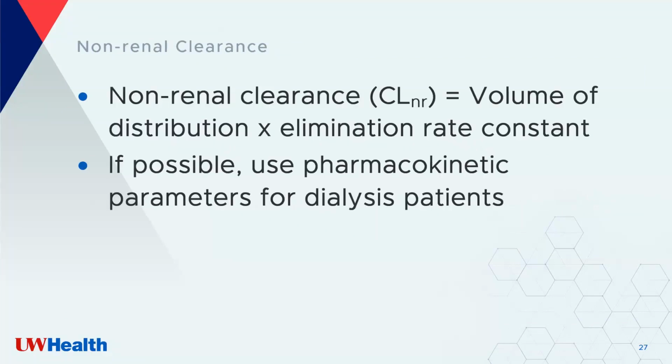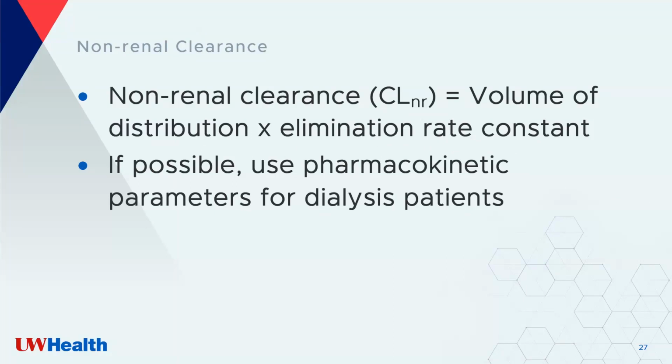So to look at the non-renal clearance that is separate from the clearance from the CRRT machine, we would take the volume of distribution times the elimination rate constant. And in our patients that are on CRRT, it is preferred to use pharmacokinetic parameters that are specifically for dialysis patients, as this may be more accurate than pharmacokinetic parameters that are listed in the manufacturer insert for healthy patients.